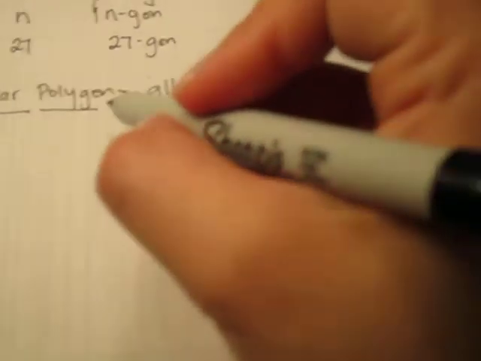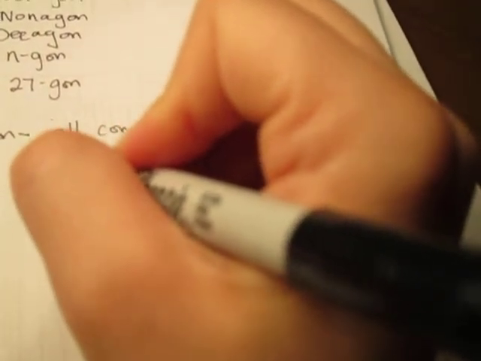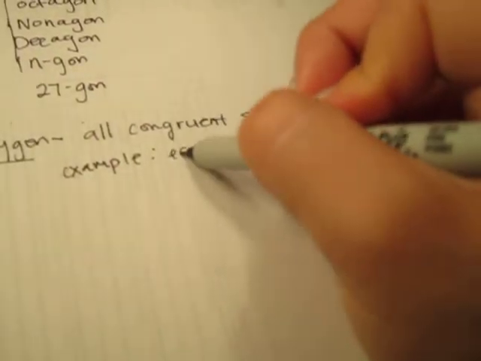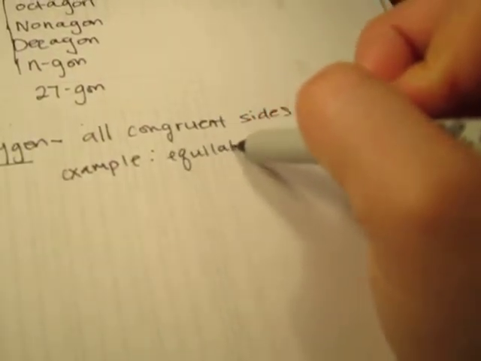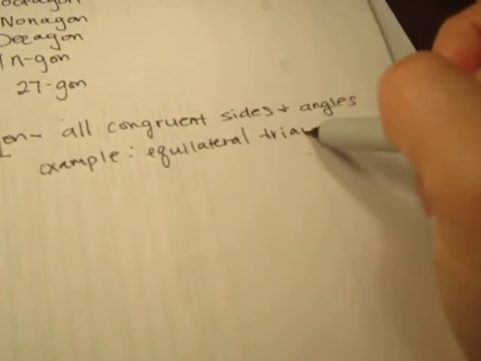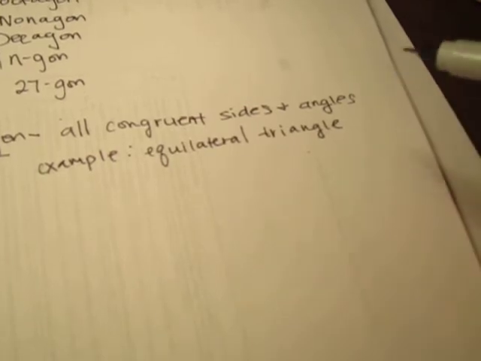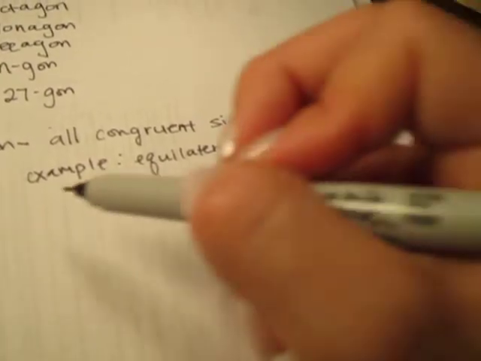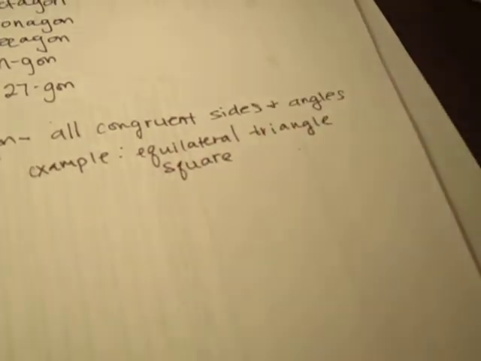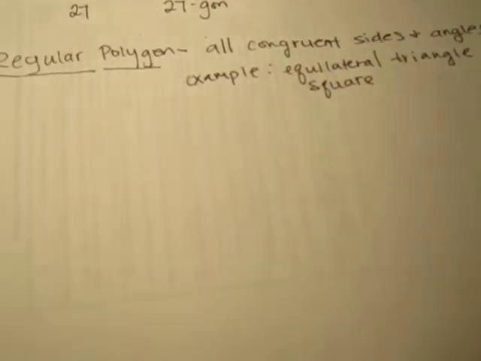All the sides are congruent and all the angles are congruent. We call it an equilateral triangle. And how about for a quadrilateral that has equal sides, equal angles? It's a square.